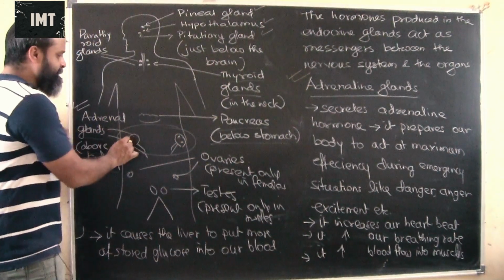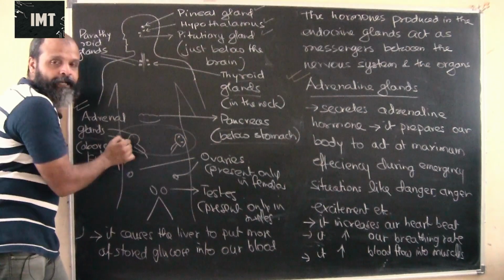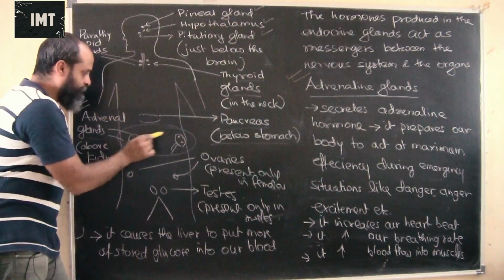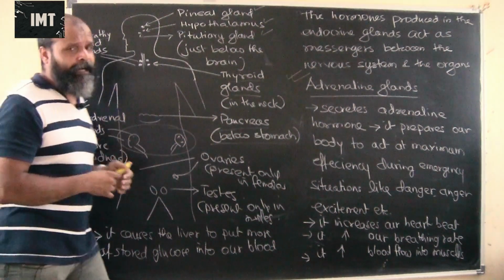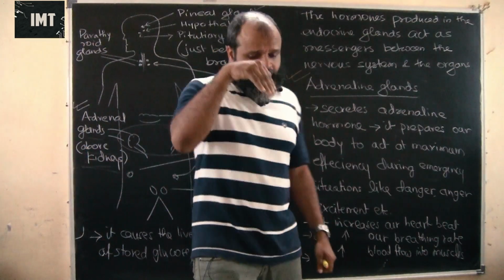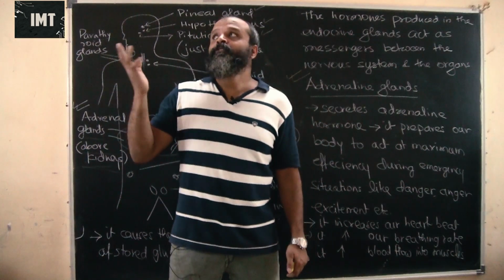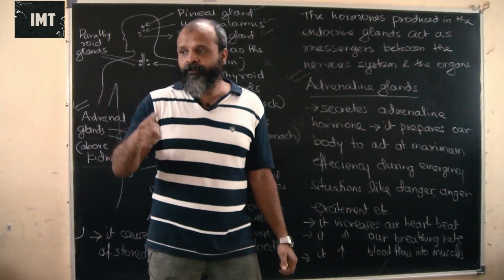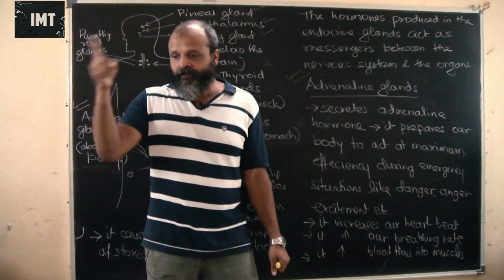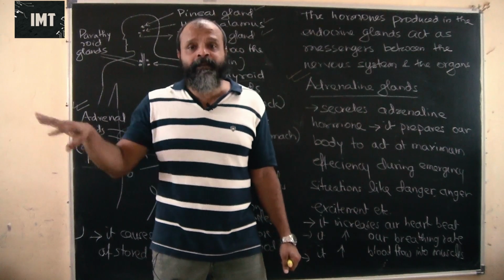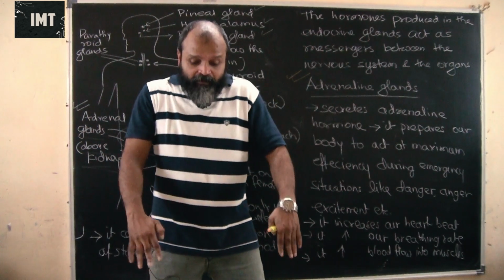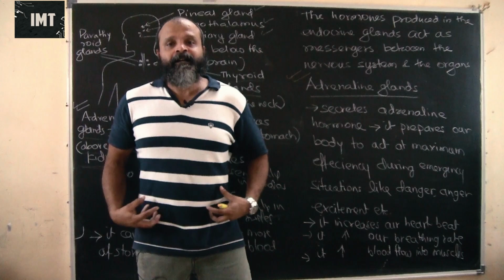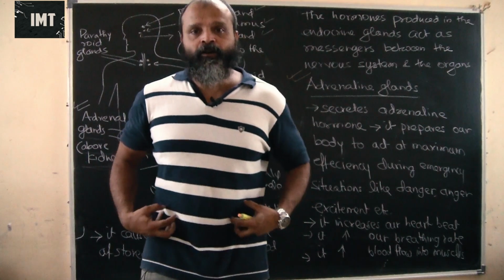The adrenal glands are located above the kidneys. You might have experienced this when you have gone into a park and taken a swing. When you are coming down, you feel something tickling around your kidneys.